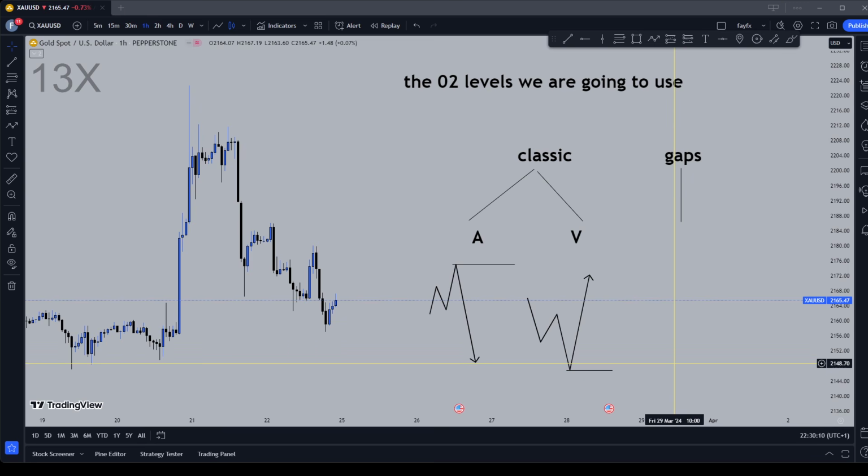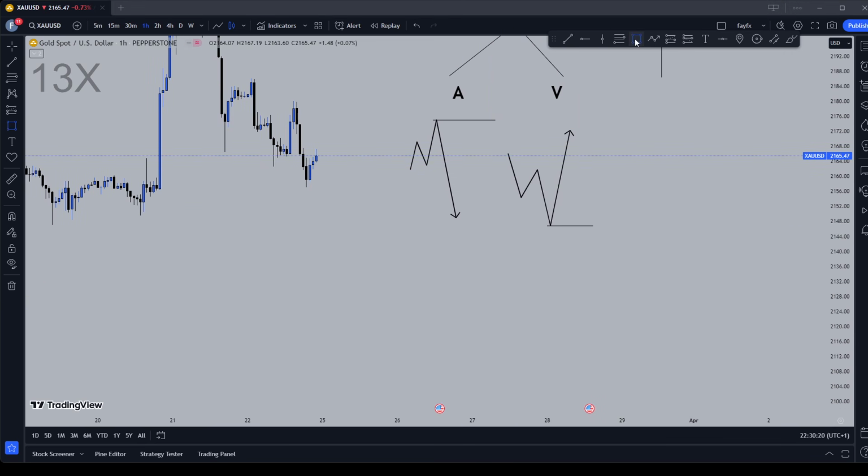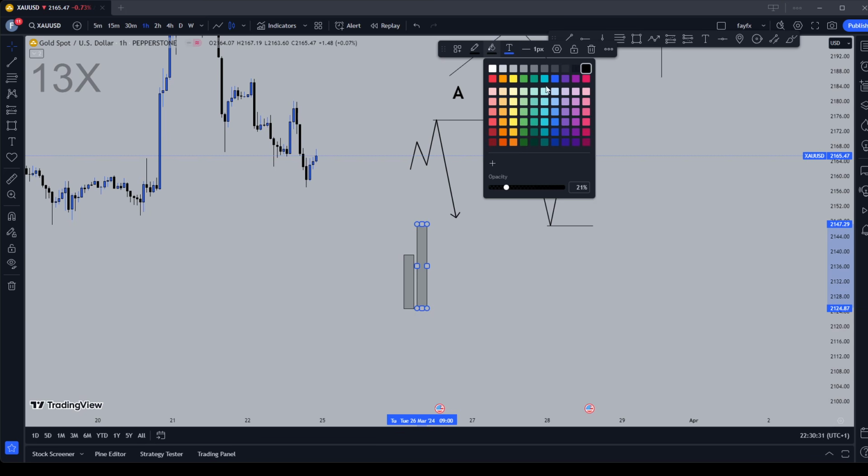A V level is a level that is formed when a bullish candle forms and closes after a bearish candle. Let's see. Imagine this is a bearish candle, and after it we have a bullish candle.